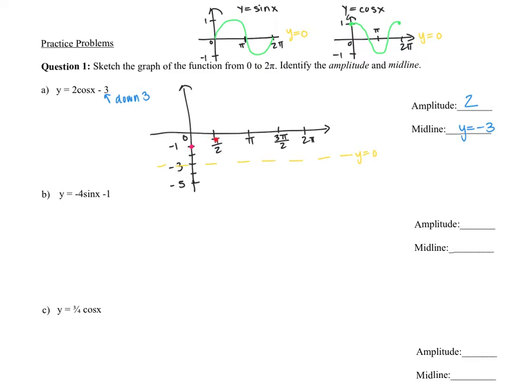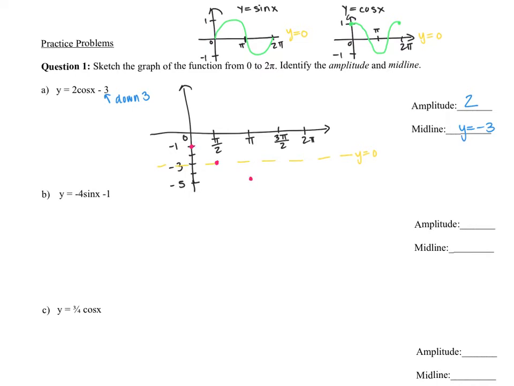At pi over 2, I want you to notice typically cosine is at 0 or where the midline is. So in this case, my midline is right here. So it goes back down to the midline. At pi, it's at its lowest point. So my lowest point is 2 amplitudes down from the midline. So that is going to be down here.